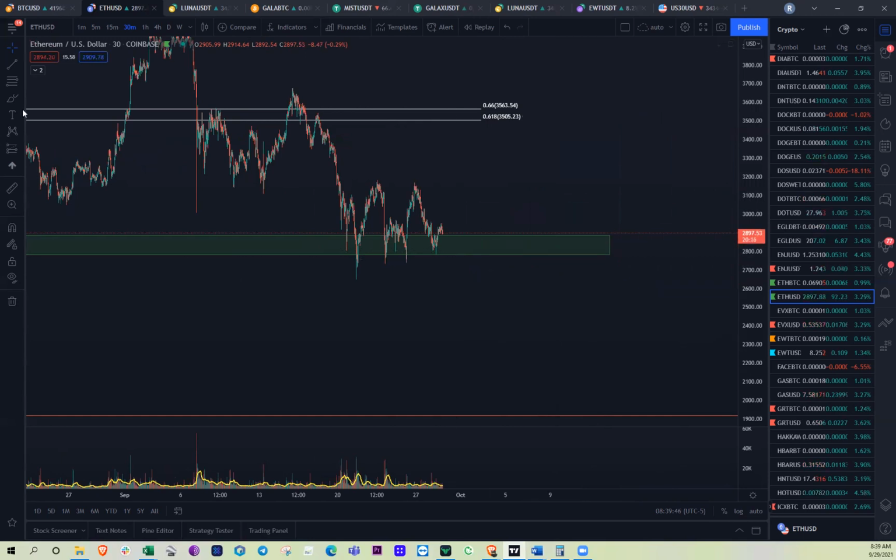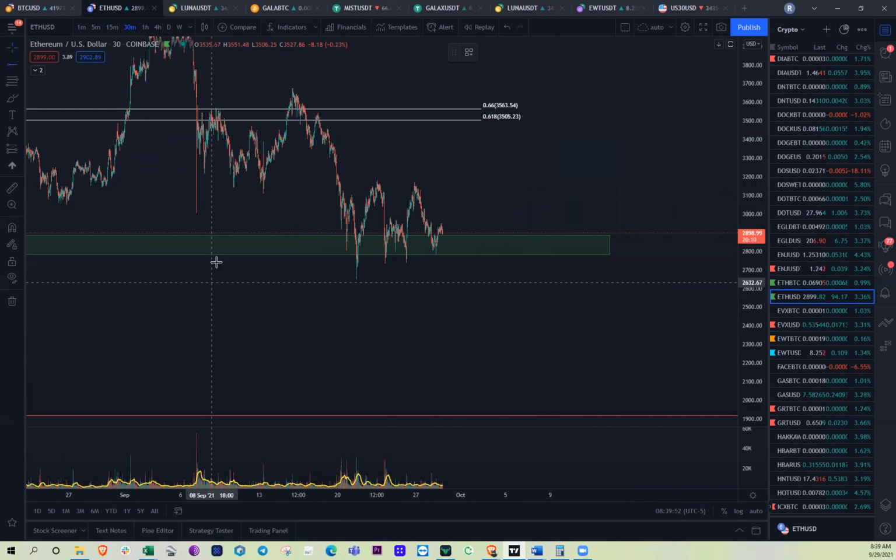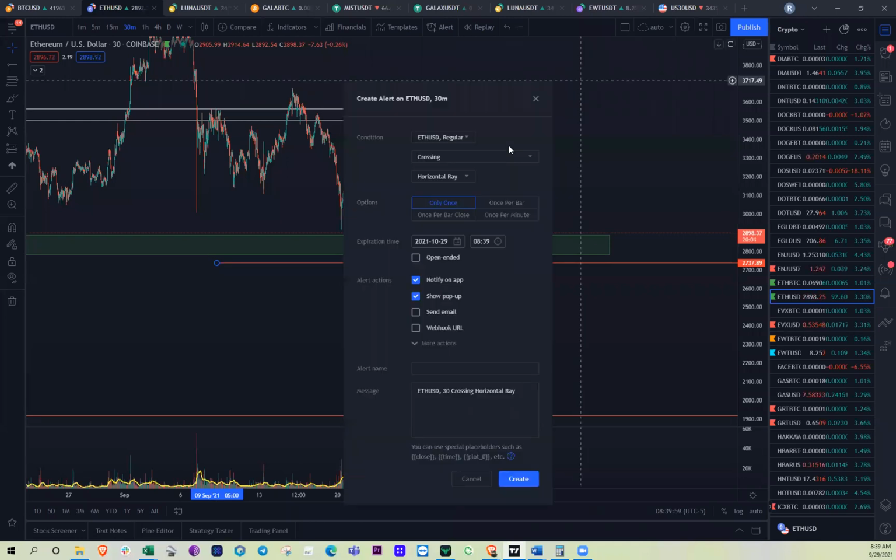For me, what I'm going to do is, let's do this. We're going to put a horizontal ray here. And on this horizontal ray, I'm going to put an alert to tell me, hey, if Ethereum is crossing down this horizontal ray, because I want to know, are we breaking down?